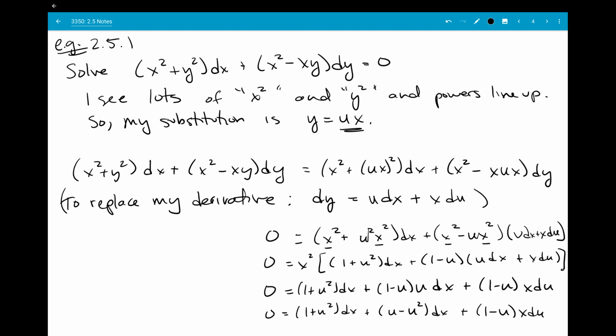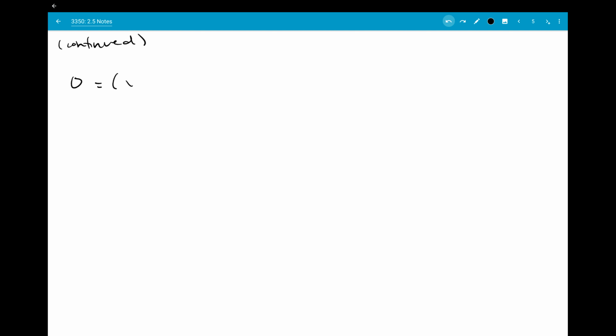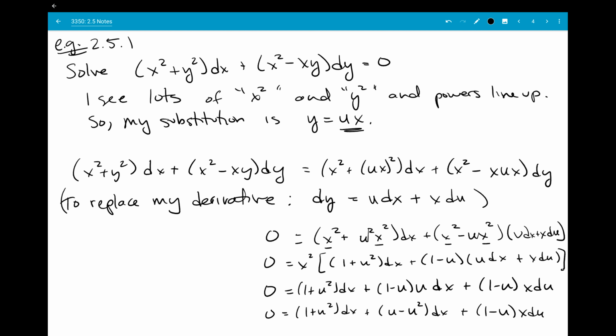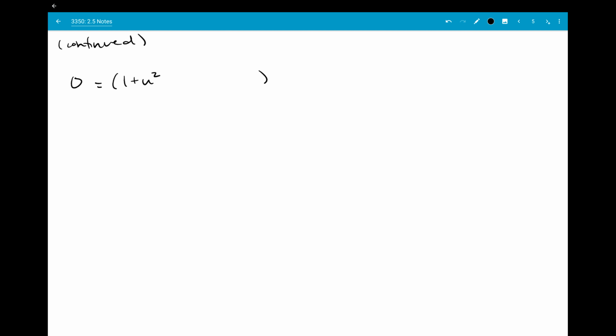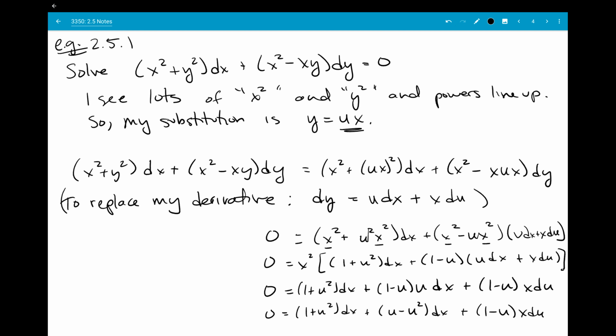A little more algebra to go here. So I've got my 0 equal to, where was I at there? (1 plus u squared) dx plus (u minus u squared) dx, and then times du, I had (1 minus u) times x.